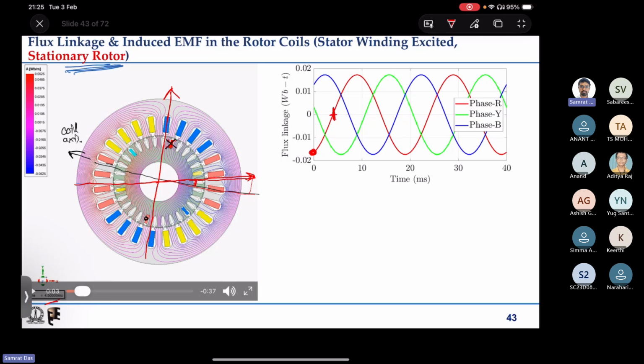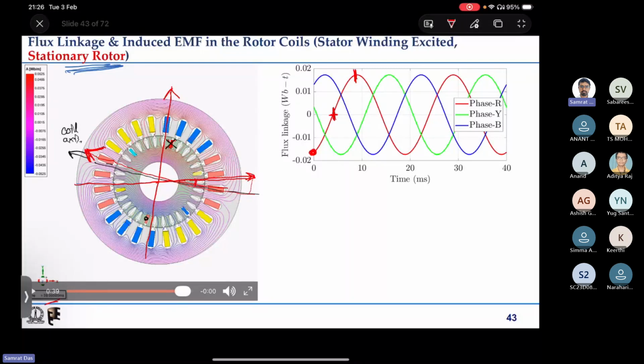That is why we have 0 flux linkage at this instant. Now if I go further ahead, at this instant you can see that the magnetic field has rotated and come here. So at this instant the magnetic field is aligned with the coil axis. So we have reached this point where the R coil flux linkage is basically maximum.